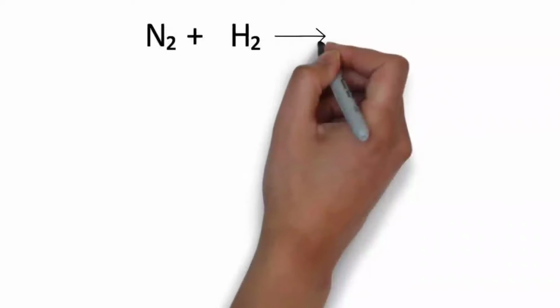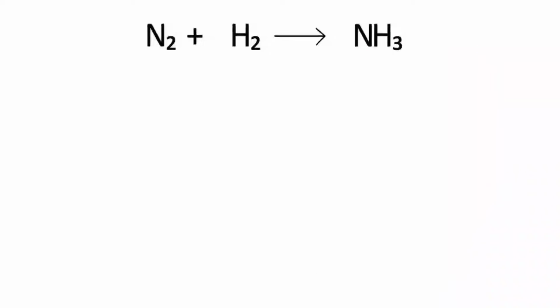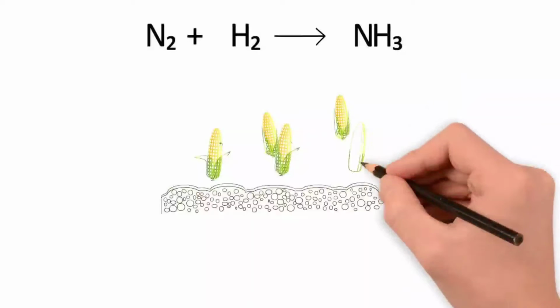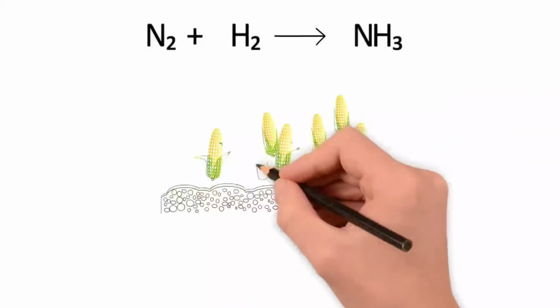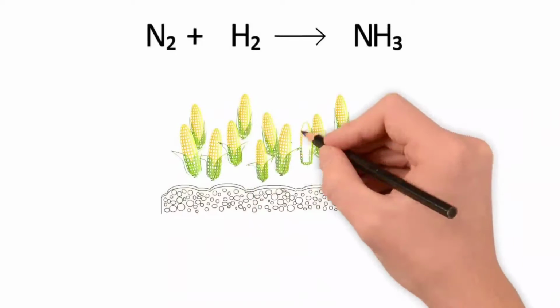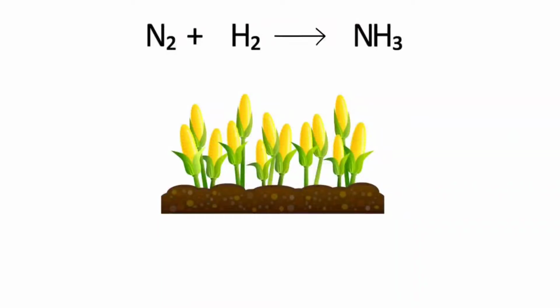Okay, now we are going to do the exact same thing with chemicals that we just did with food. Check out this reaction. Nitrogen reacts with hydrogen to produce NH3, which is called ammonia.